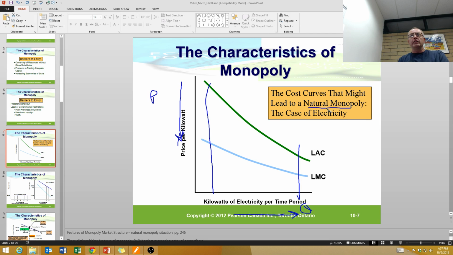So natural monopolists tend to have very high fixed costs. For example, many types of utility companies. If you're a municipal water supplier, in communities there tends to only be one municipal water supplier. It's usually the municipality itself.